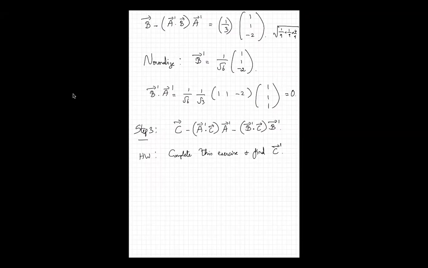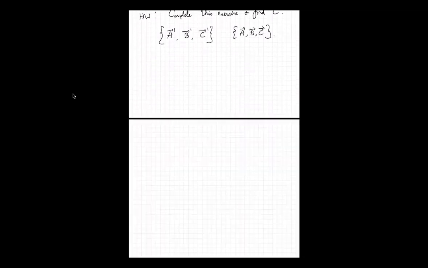Then you would have 3 new vectors, a prime, b prime, and c prime, constructed out of the set A, B, and C. A, B, C were neither orthogonal to each other, nor normalized to unity, but A prime, B prime, C prime are normalized to unity and are mutually orthogonal, and therefore can serve as basis vectors in the 3-dimensional linear vector space.